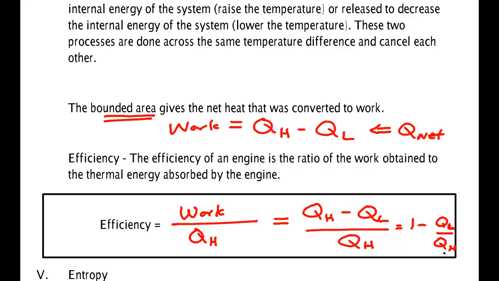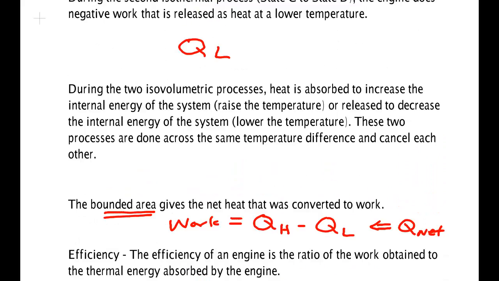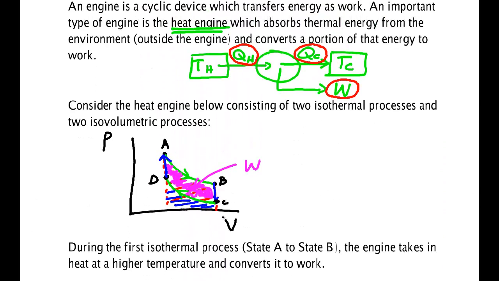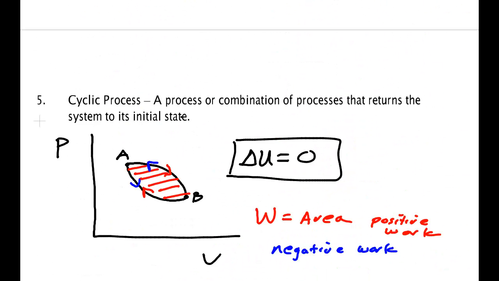You'll never find that any system is 100% efficient. And the reason is you always have to have a path back to get back to your original start. And when you go back this path to get back to where you started, whether it looks like this diagram, or this diagram, whatever diagram it looks like, you're going to have heat change.